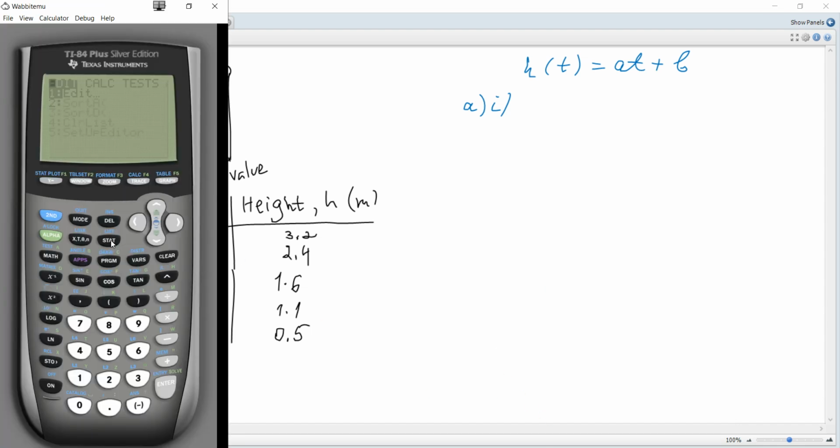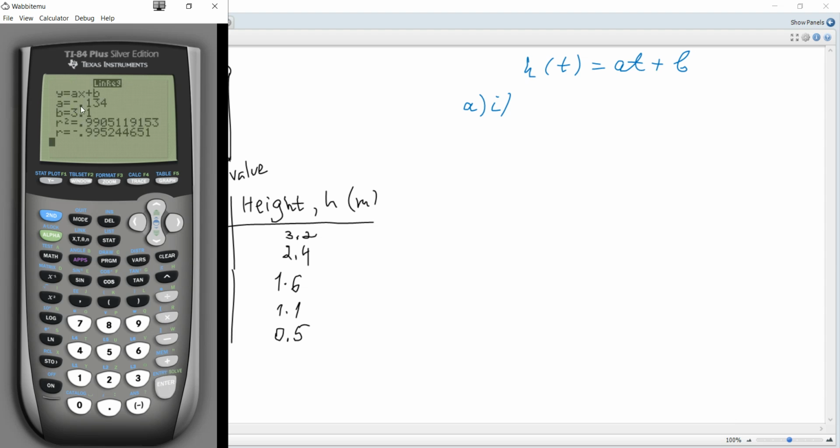And we choose stat, edit, L1 it's time, L2 it's height, and then stat, calc, and we need linear regression. x it's time, it's independent or explanatory variable, y is dependent or response variable, it's height, frequency is L3, and we get the result.